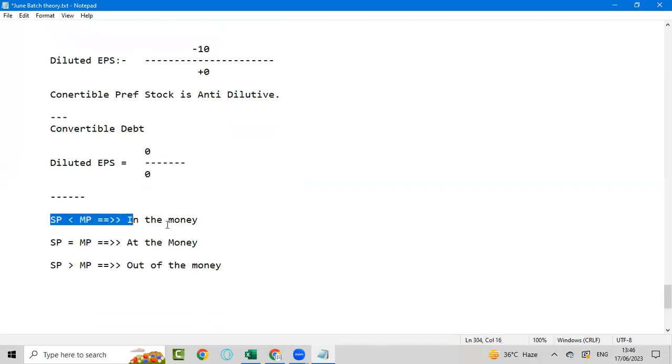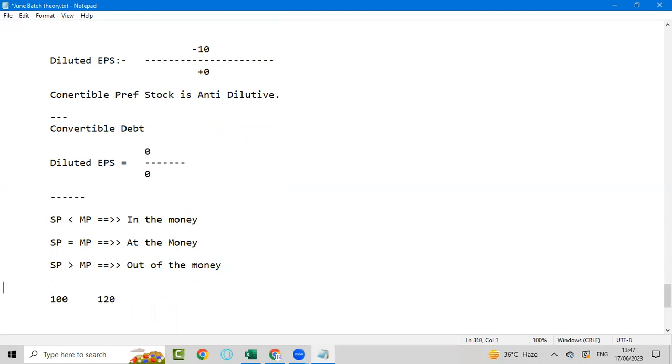Only in the in-the-money situation will the option be converted and it will be dilutive. In the out-of-the-money situation, it will be anti-dilutive. Why? In this case, you will, let's say, issue 100 shares, but you will end up buying 120 shares.